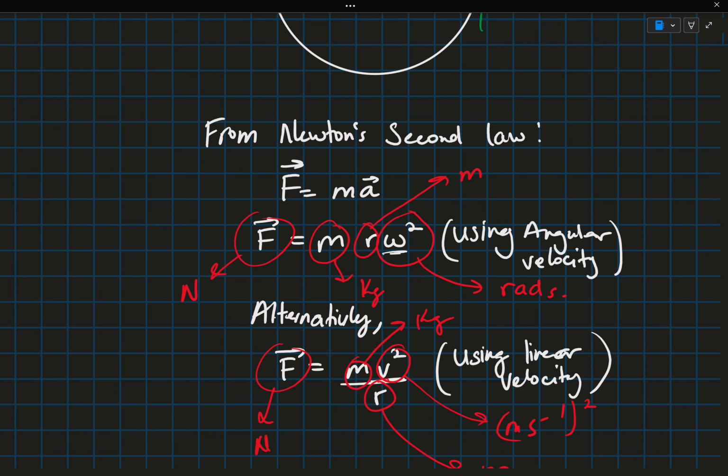Alright, so let's get these equations down and recap everything, the key equations. For angular displacement, what's the equation? Anyone?